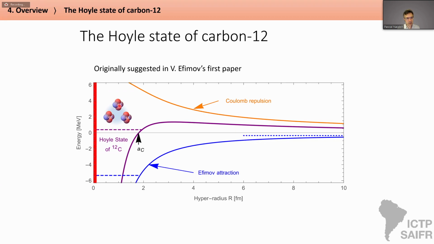Also, there's the question whether this interaction between alpha particles with a Coulomb interaction is near resonant. That is not quite clear. And in this nice picture, the Hoyle state would just be described by some kind of long-range Efimov attraction, which is purely kinetic, as we've seen, and this Coulomb repulsion. But actually, it looks like it enters a region where the nuclear force cannot be regarded as a contact interaction.